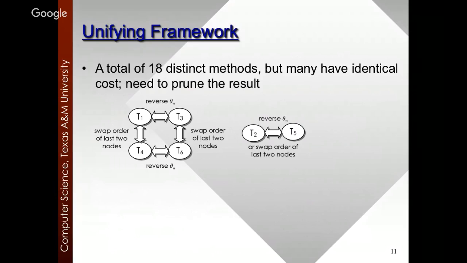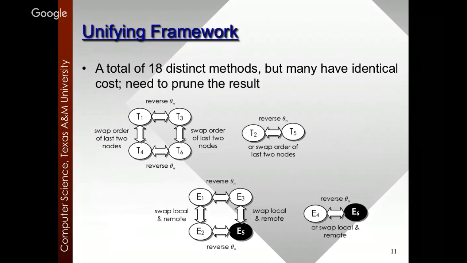Or if we just swap the order of the last 2 nodes visited, T1 is identical to T4. So after all this analysis, we identified that there are two equivalence classes within VI, vertex iterator. And we did the same thing for the scanning edge iterator and concluded that there are also two equivalence classes.